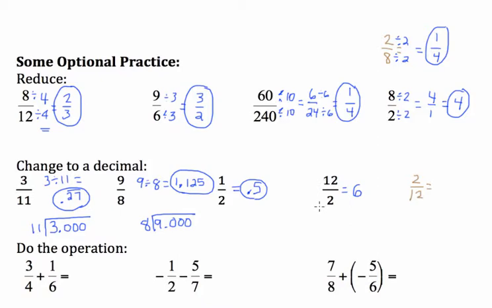It's an improper fraction. Contrast that with 2/12. It's reciprocal. In that case, the numerator is smaller than the denominator. It's going to be a number less than 1. When I take 2 divided by 12, I get 0.16, repeating, 1/6.